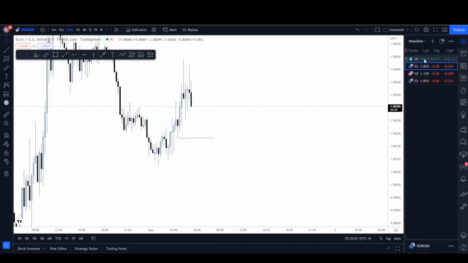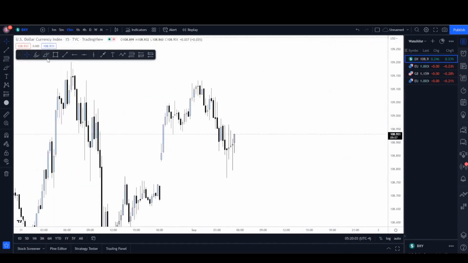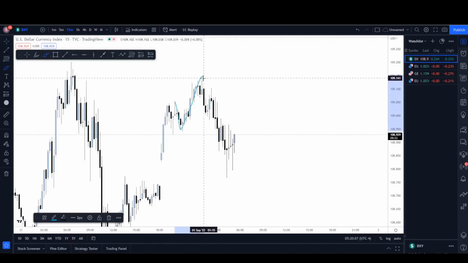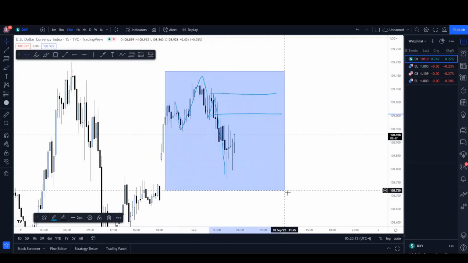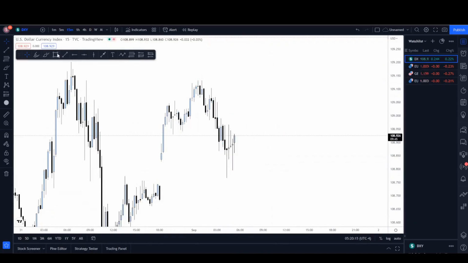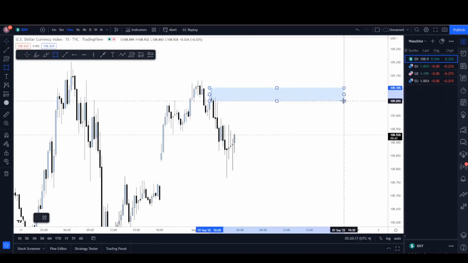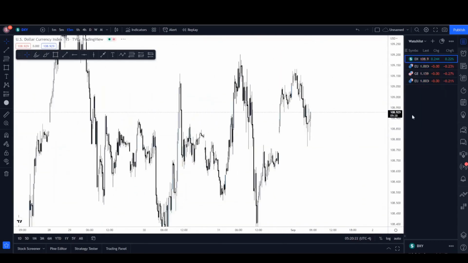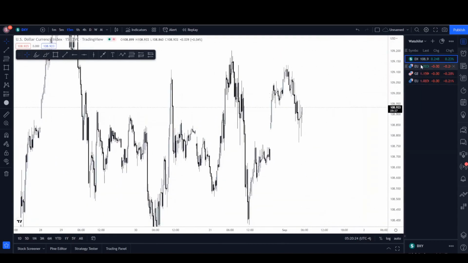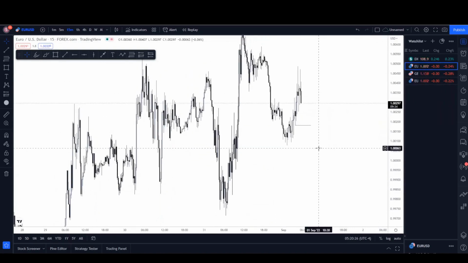But also be aware that dollar has M15 structure, so it's within here, essentially. That's what I'm working with. Until a previous lower high in dollar gets broken, I'm still going to be looking for sells.